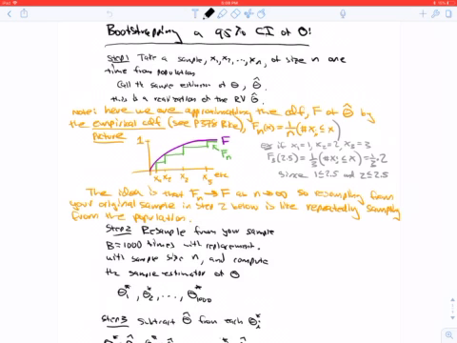So, for example, if x1 is 1, x2 is 2, x3 is 3, and x is 2.5, then the empirical CDF, F3, of 2.5 would be 1/3 times the number of xi that is less than 2.5.